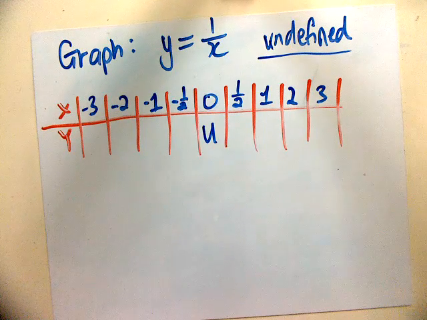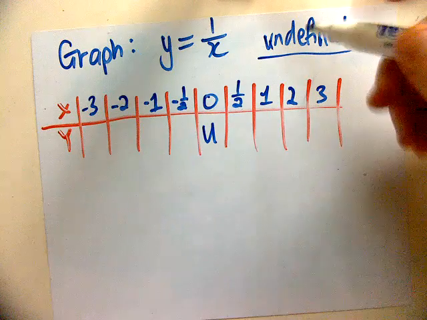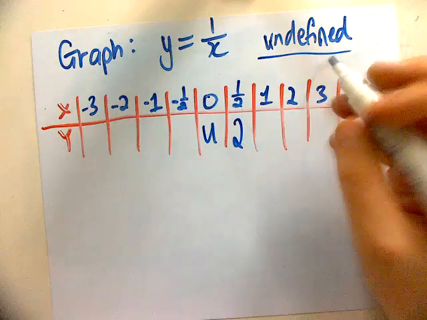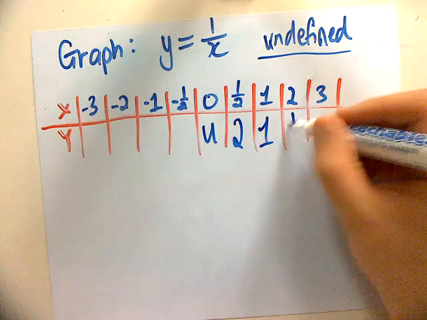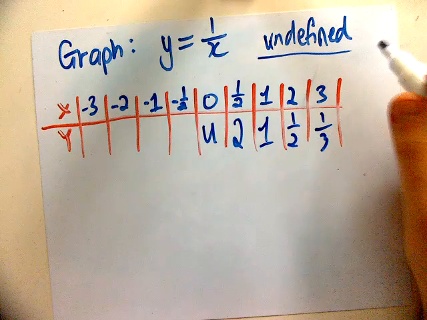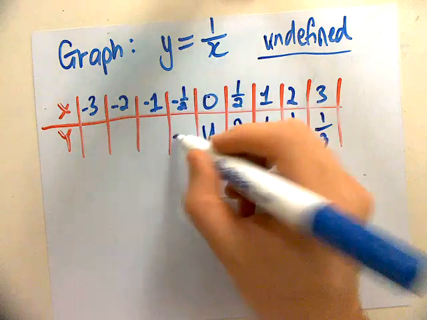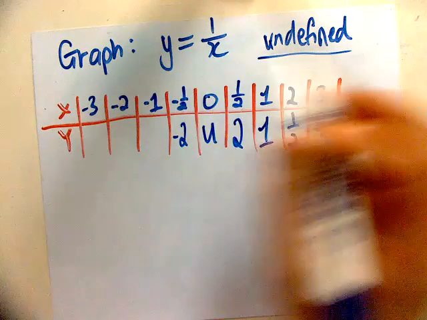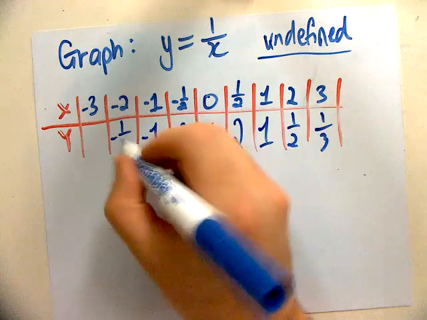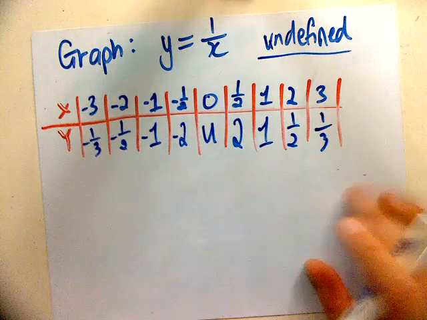Now, if I did 1 divided by 1/2, I end up with 2. I end up with 1 here, 1/2 there and a third there. Now, I can just go back the other way, and that's going to be -2, -1, -1/2, and -1/3. There's my table of values.